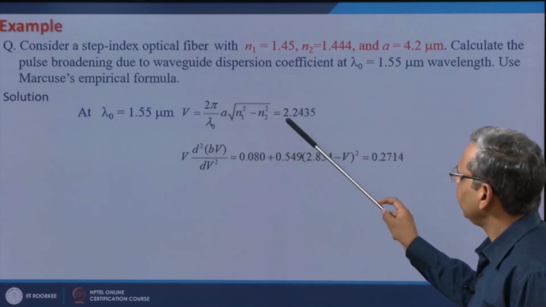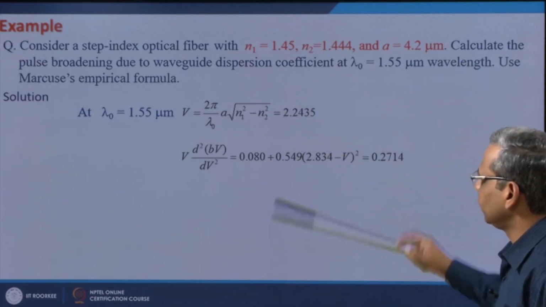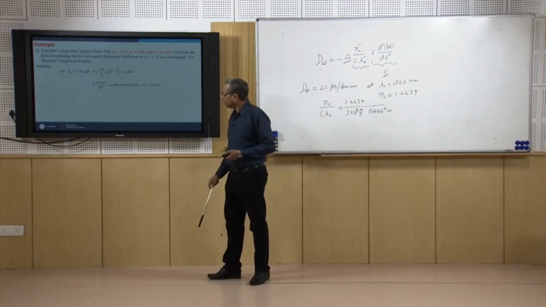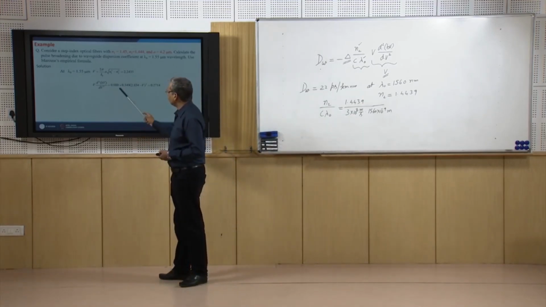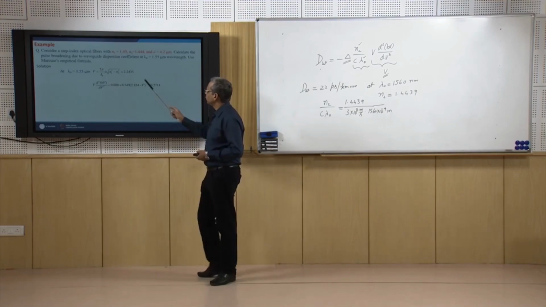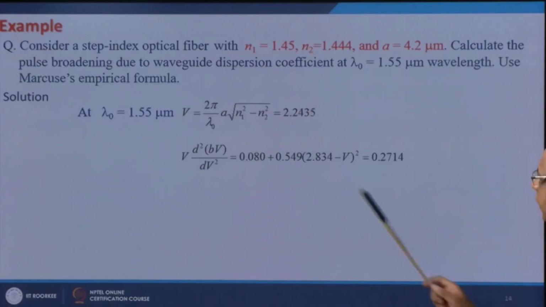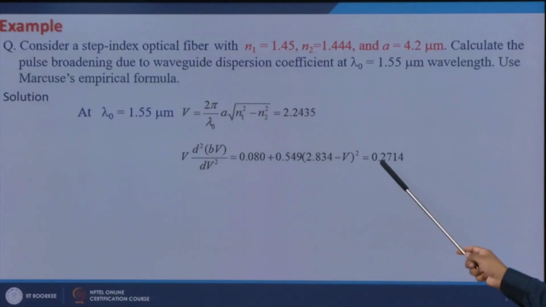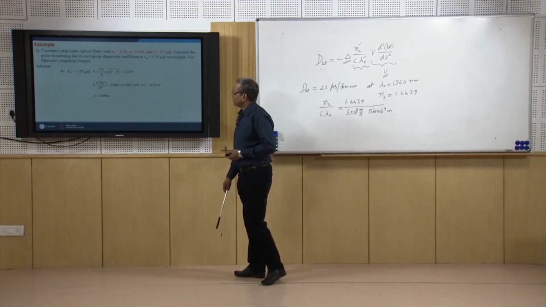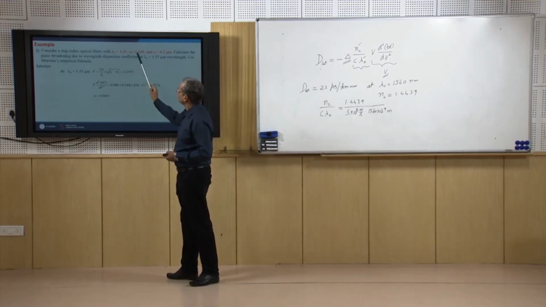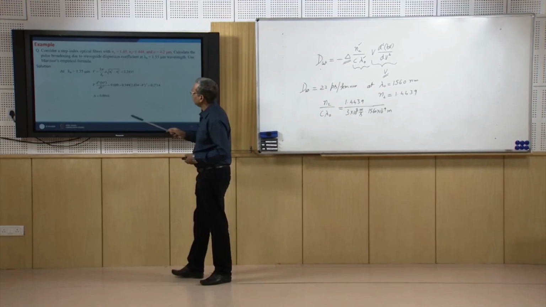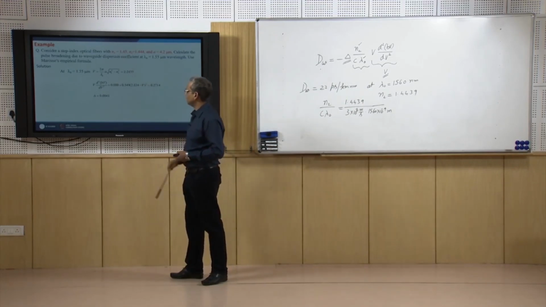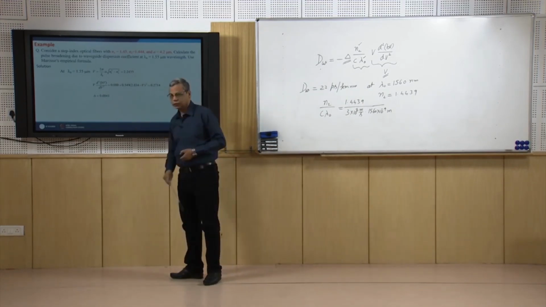If I calculate V, it comes out to be 2.2435, and Marcuse's formula for V times d2(Vb)/dV square is this. If I put in this value of V, the value comes out to be 0.2714. I need delta also. If I work out delta for these values of n1 and n2, it comes out to be 0.0041.